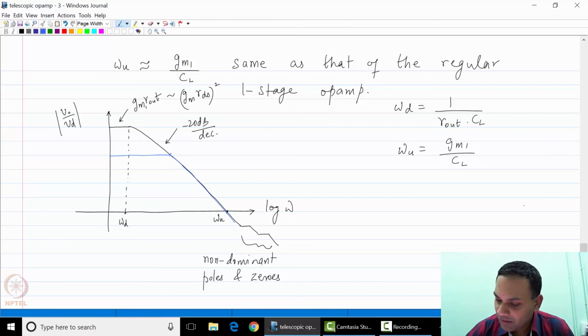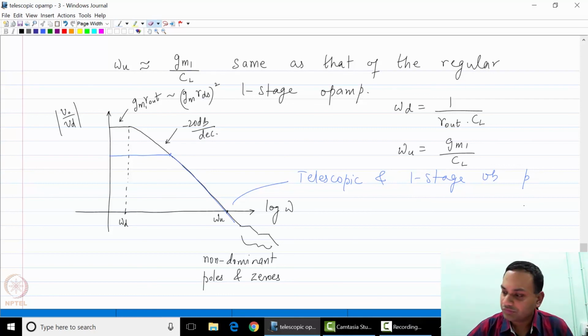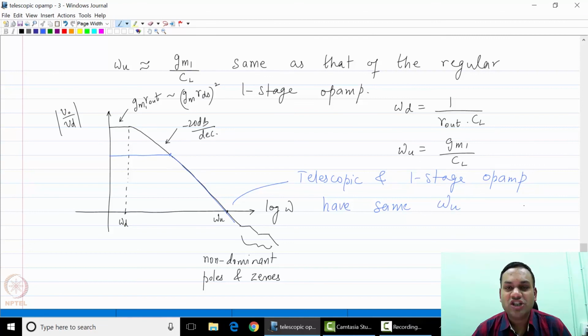So both the telescopic and the one stage op-amp have the same omega u for a given Gm and a given CL.